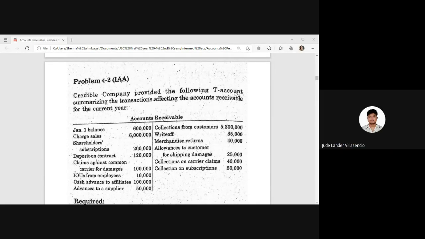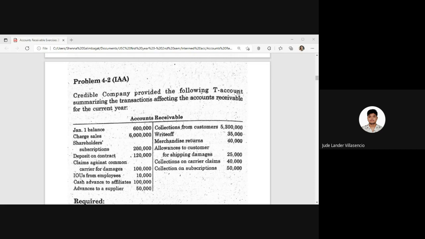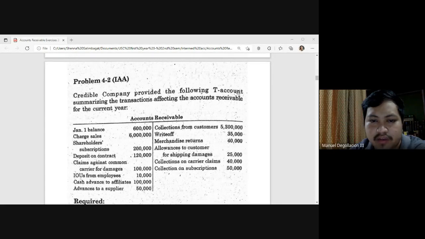It will be presented as a subscription receivable, sir. Yeah, but as a current asset or as a deduction to your subscribed share capital? As a current asset, sir. Why current asset?